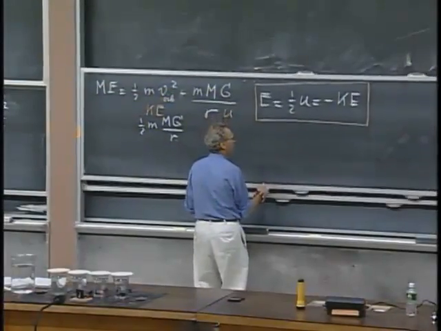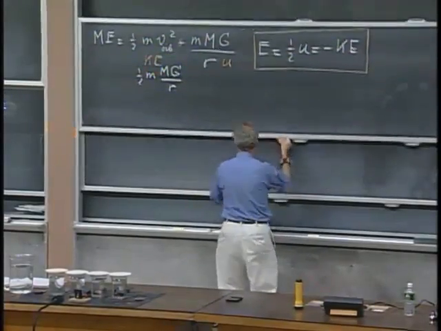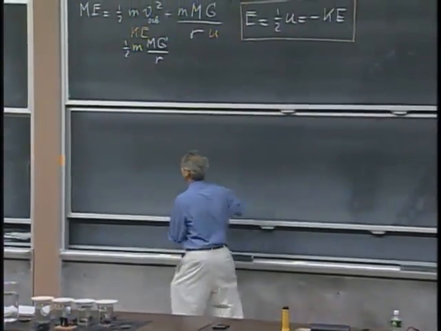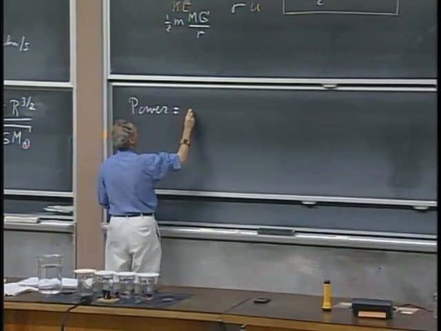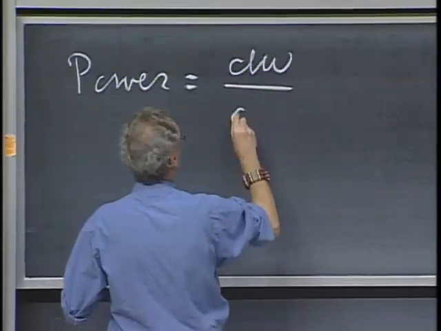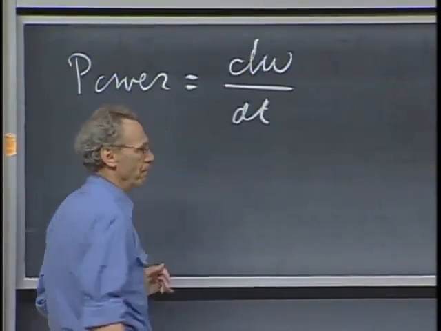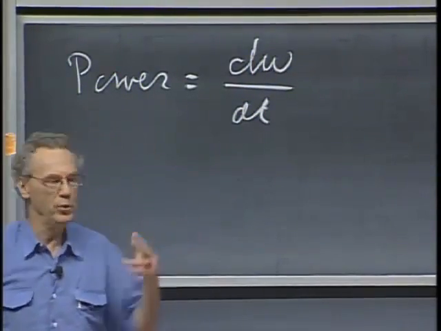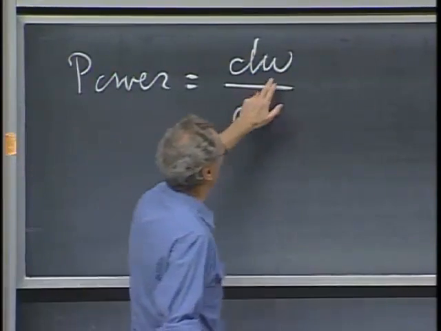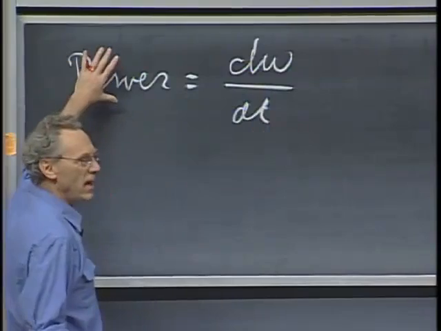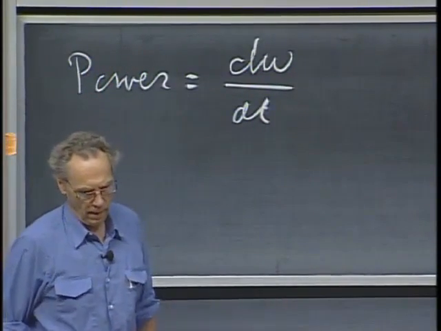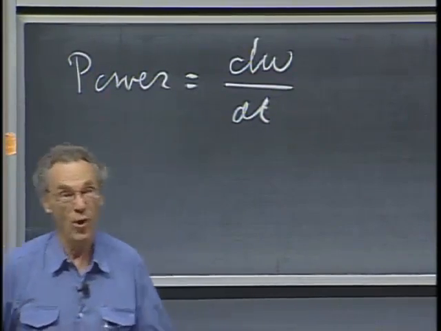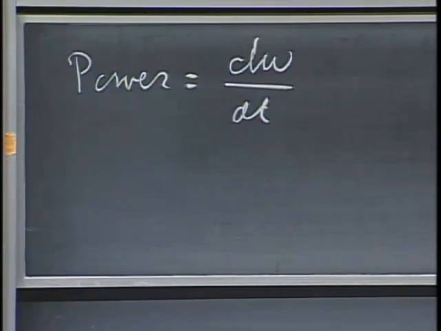What is power? Power is work that is done in a certain amount of time. The dW/dt, if W is the work, is the instantaneous power at time t. We also know power in terms of political power.